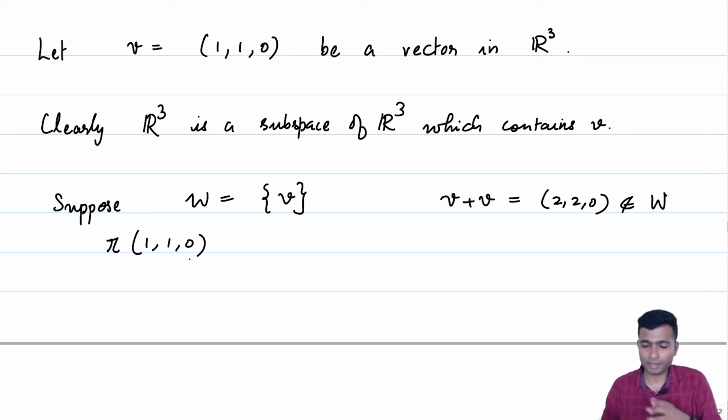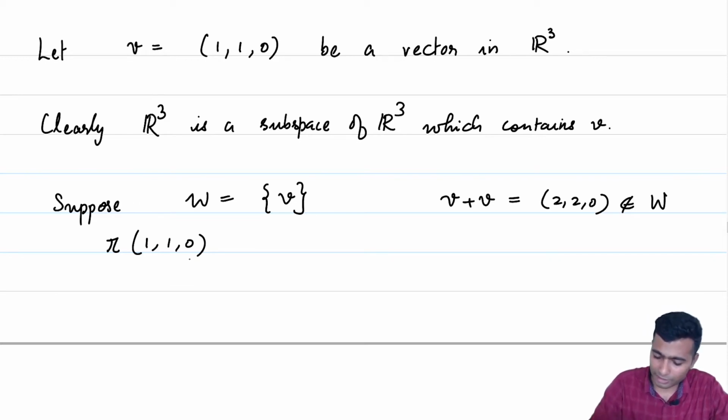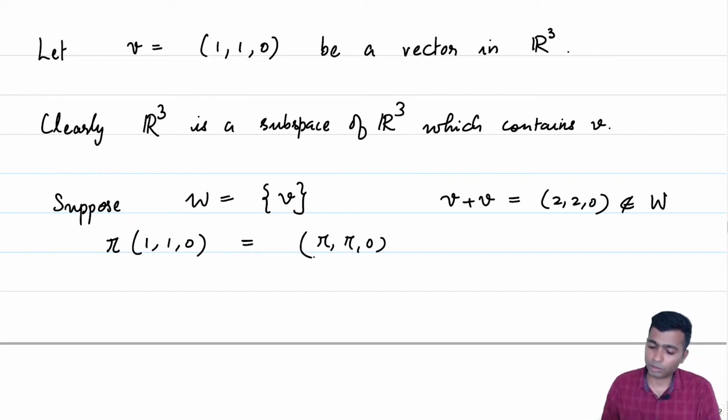I took pi purposely because we were only considering 2 times, 3 times the vector and such examples. Any real number should work as a scalar. That's the reason why I have taken pi. This is just going to be equal to (pi, pi, 0). And that certainly does not belong to our W. So the singleton W is not a vector subspace of R3.